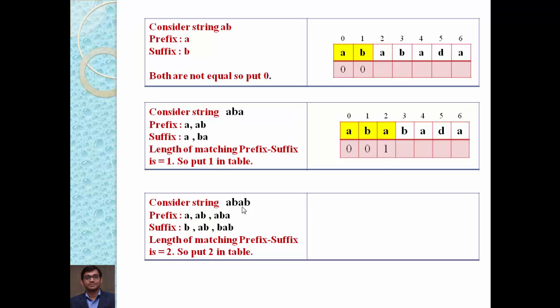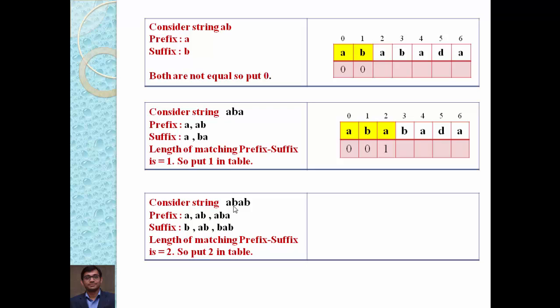So we have now 4 characters, ABAB. Now find out all the prefix and suffix. Prefix means before the last character. So before the character B we have 3 characters A, B, A. Find out all the prefixes. We can write the single character A is a prefix, the pair AB is a prefix, and ABA is also a prefix.